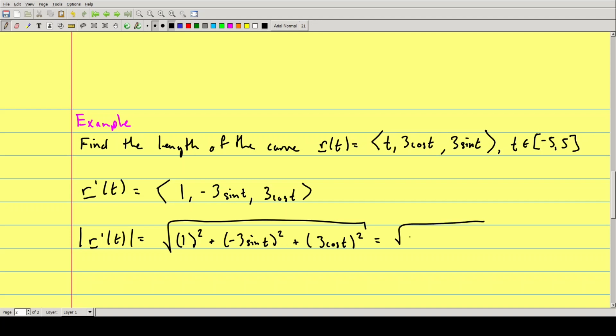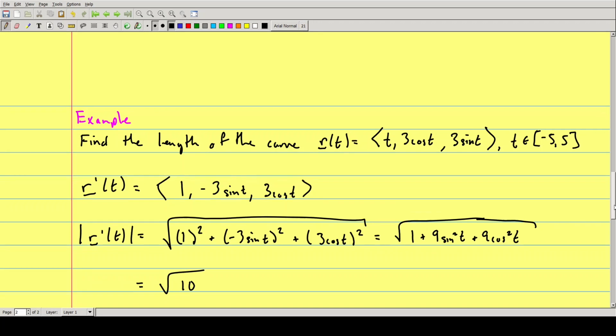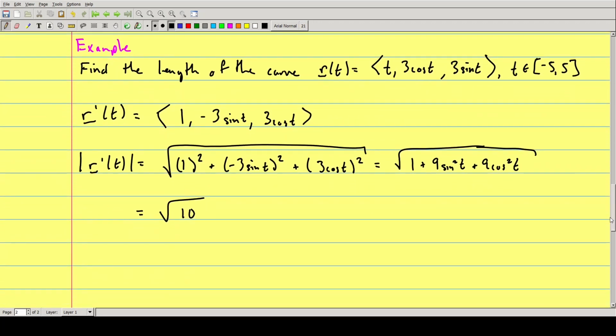This is going to give us 1 plus 9 sine squared t plus 9 cosine squared t. Cosine squared plus sine squared is 1. So our integrand here is very, very simple: the square root of 10.